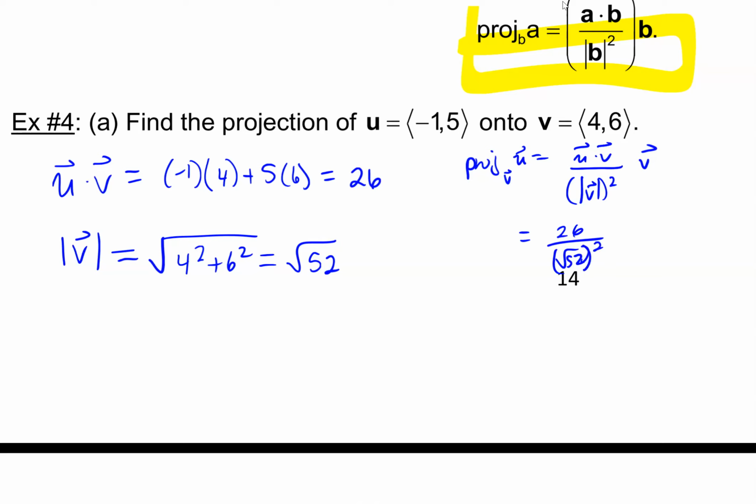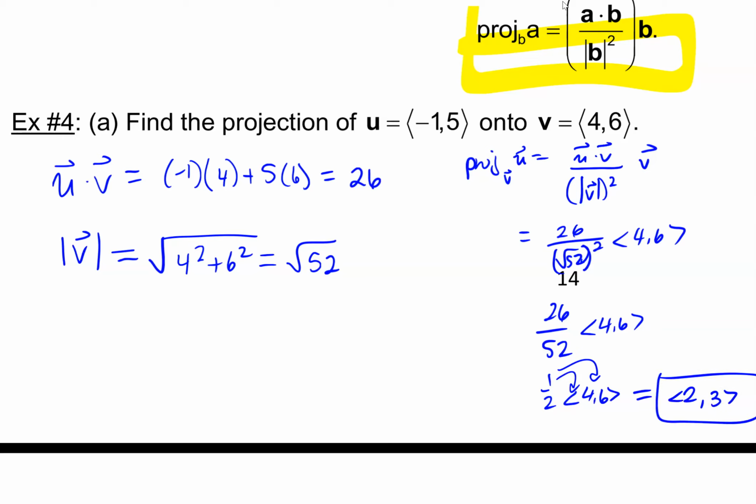The square root and the square cancel out, and then multiply by 4, 6. So I have 26 over 52 times 4, 6. This is 1/2 times 4, 6, and since this is a scalar, just a number, I multiply it out and I see it's going to be 2, 3. That is the projection of U onto V.